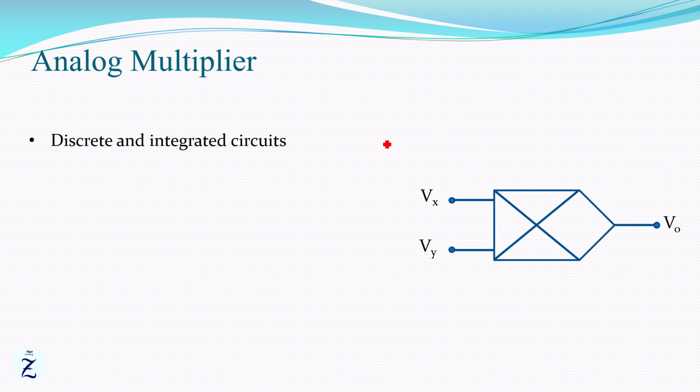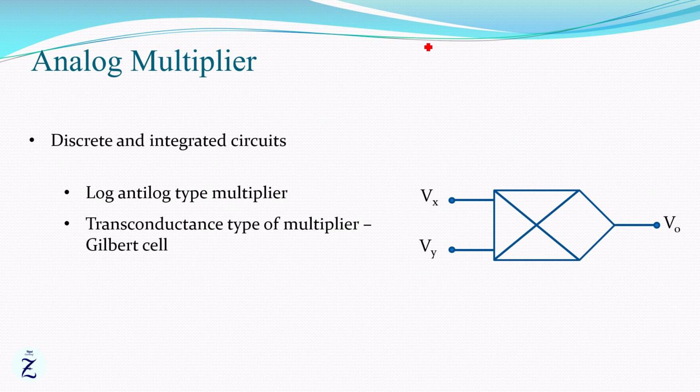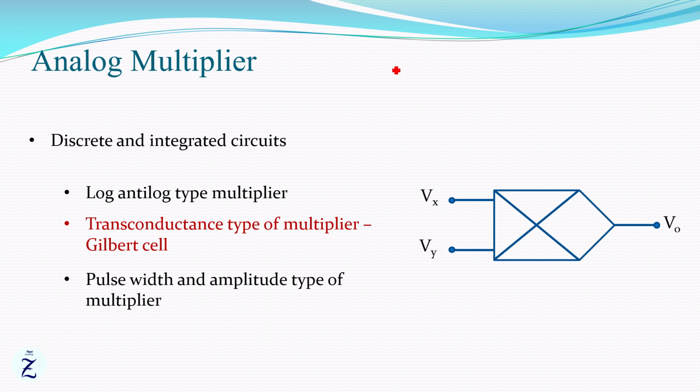There are many methods available for implementing analog multipliers, like log-antilog type multiplier, transconductance type multiplier, pulse width and amplitude type of multiplier, etc. Among the transconductance type multipliers, the Gilbert cell analog multiplier is the most popular, and it is the basis for most multiplier systems. Let's look at the different methods for implementing analog multipliers.